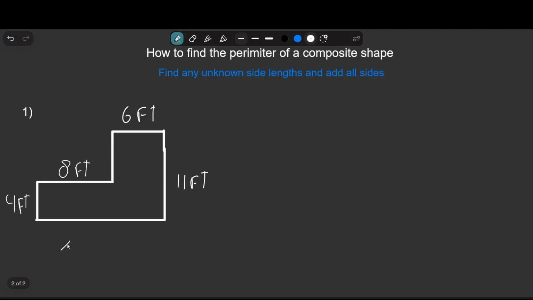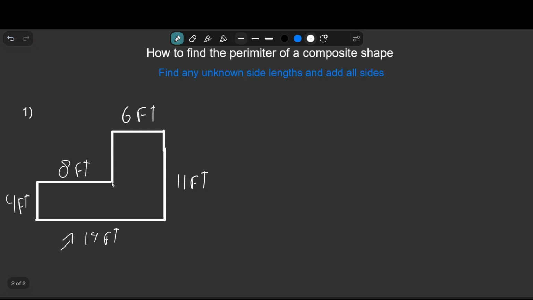With this one, we don't know the length of this side, but we can figure it out with these two, because this is a part of this side also. This goes straight up, and this is the other side. So we just have to add them together. 8 plus 6 equals 14. So now we know this side is 14 feet.